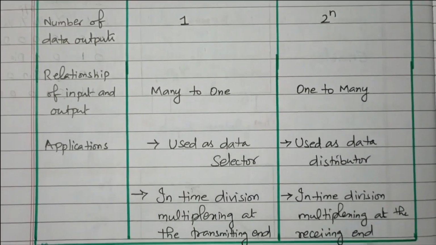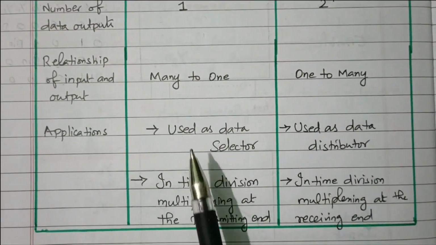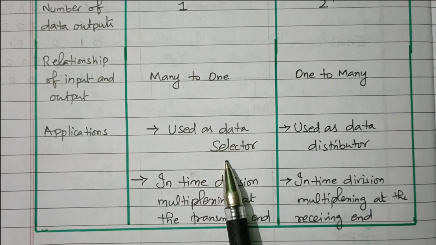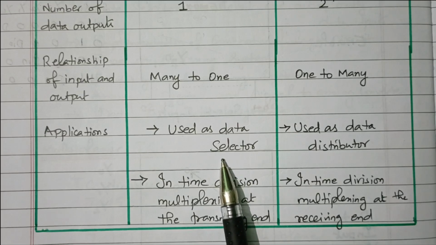What are the applications? That is very important. The multiplexer is used as a data selector. N number of inputs are there, and from them we select the particular data. For example, if you want to play a song, it may be available in the mobile, or in the system, or in the USB, whatever it may be.